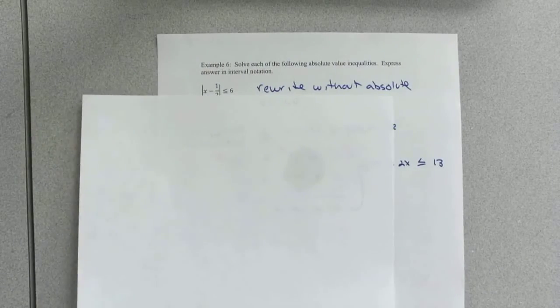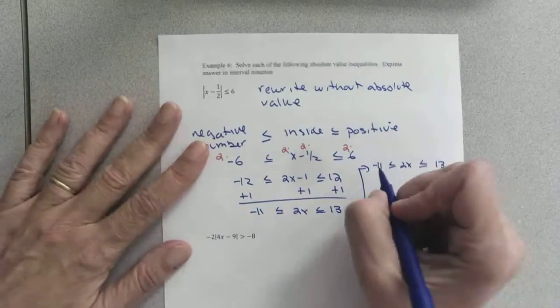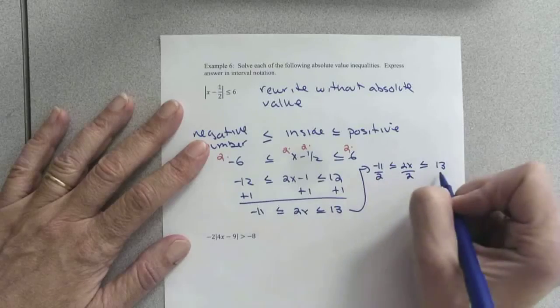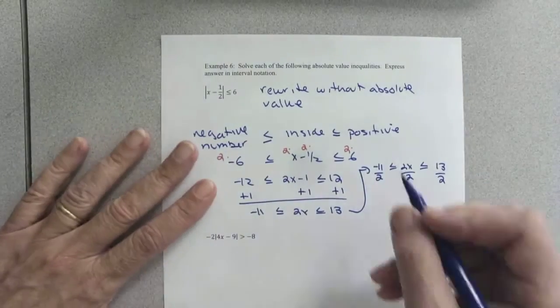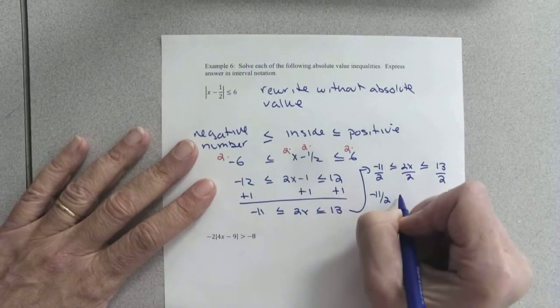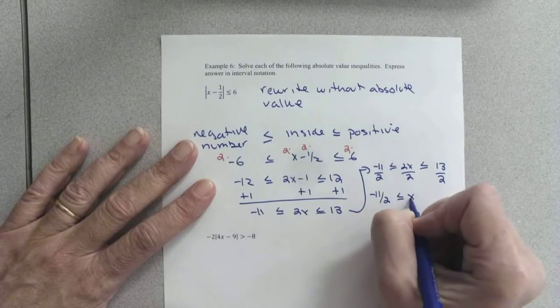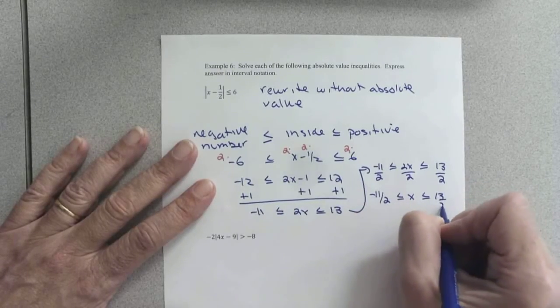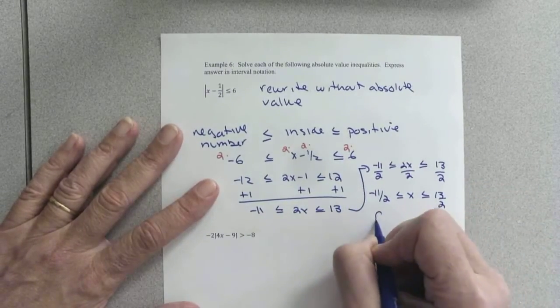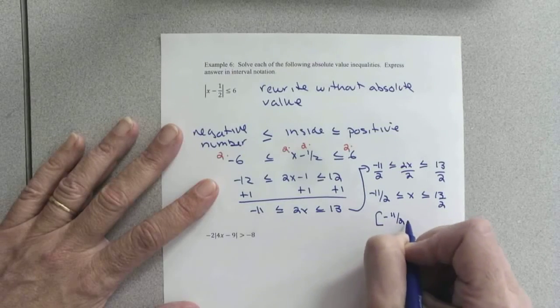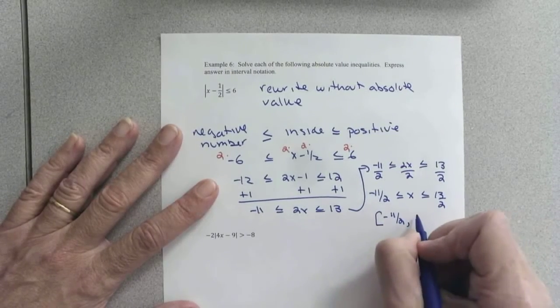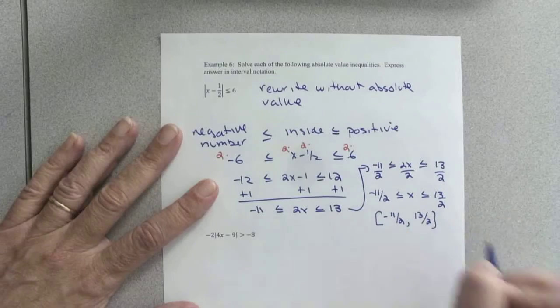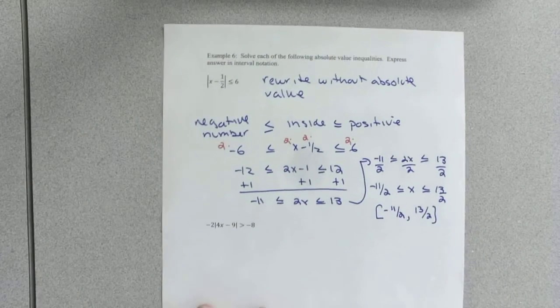I would cover that up and decide to divide everybody by 2. And it's positive 2, so I don't have to change anything. And so I get -11/2 less than or equal to x less than or equal to 13/2. And it says interval notation, so -11/2 to 13/2 with square brackets.